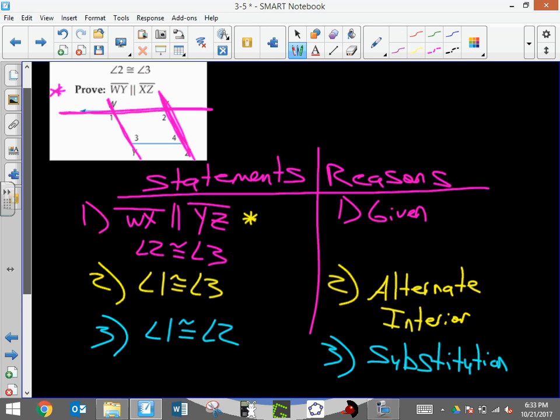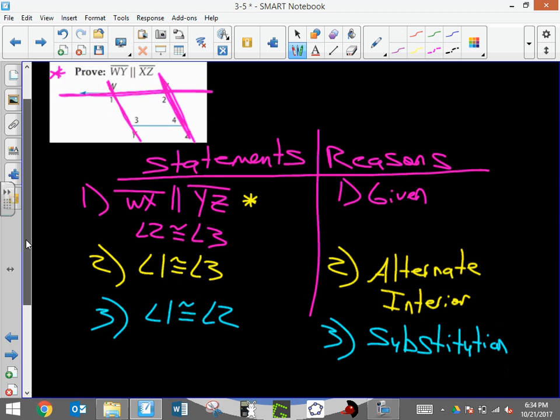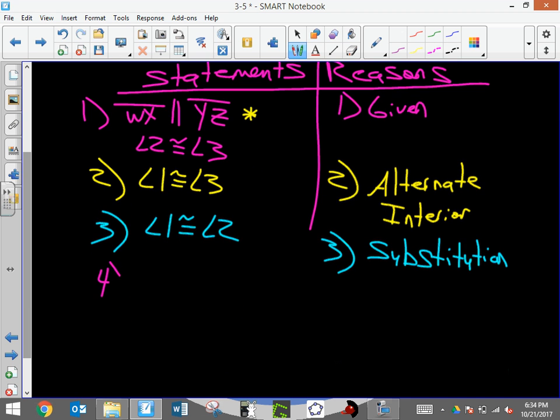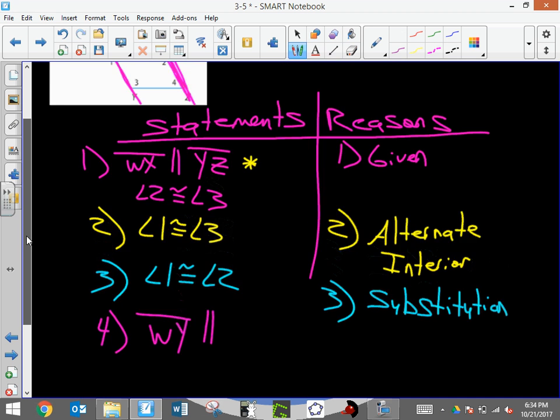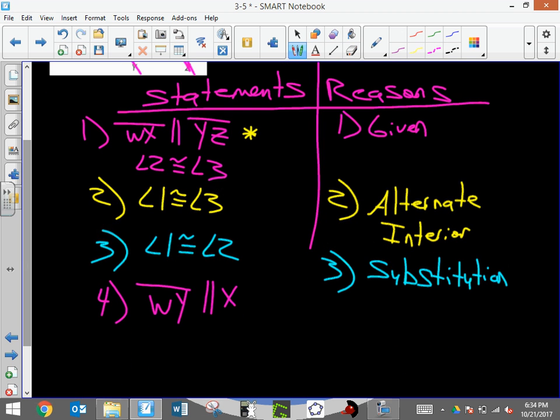And since I have corresponding angles being congruent, I know that my lines now are going to be parallel. So I can actually state my last part for what I'm trying to prove. I can write down WY is parallel to XZ.